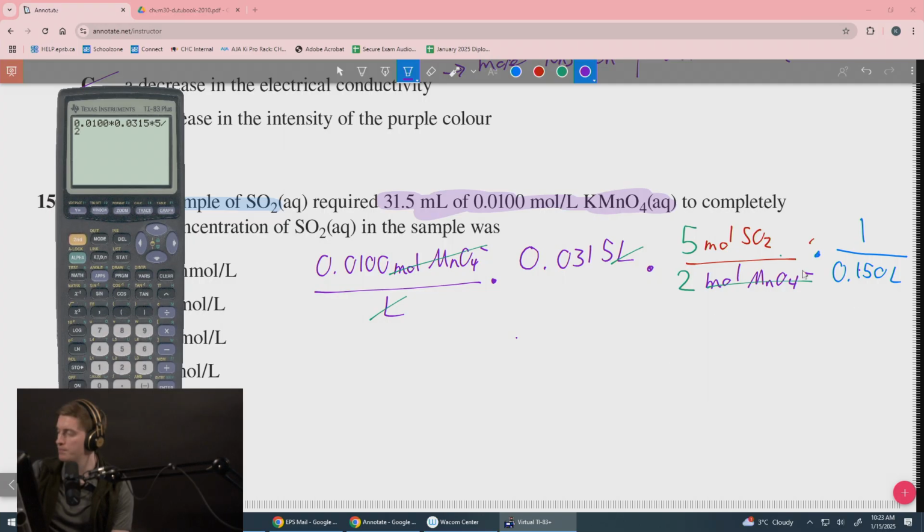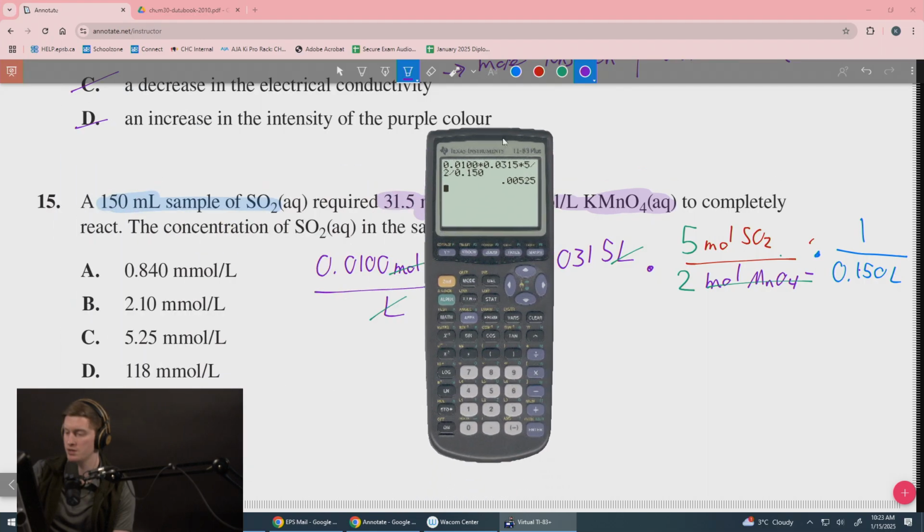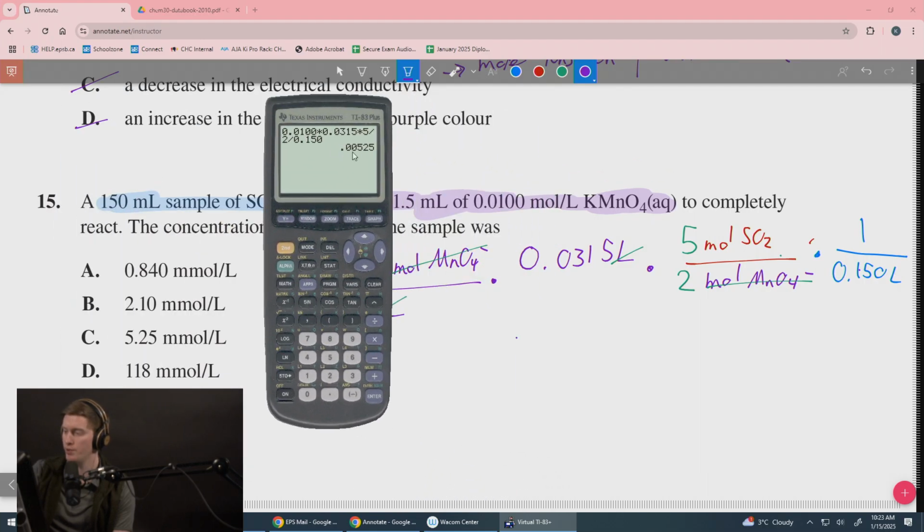And then I'll end by multiplying by this fraction, which would be the same thing as dividing by 0.150. What I end up with is not any of my answers, because the answers I've been given are in millimoles per liter.